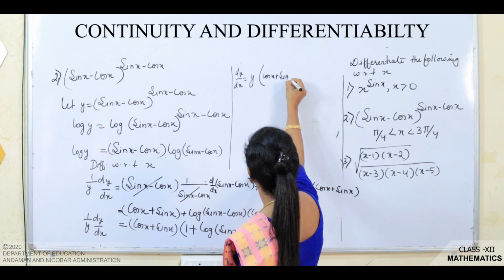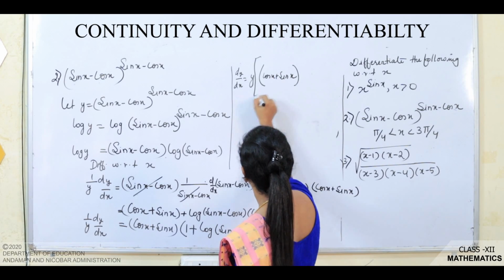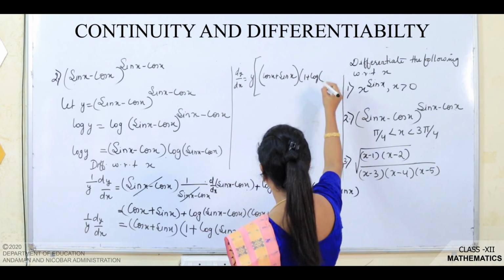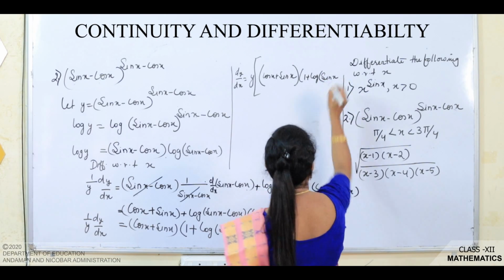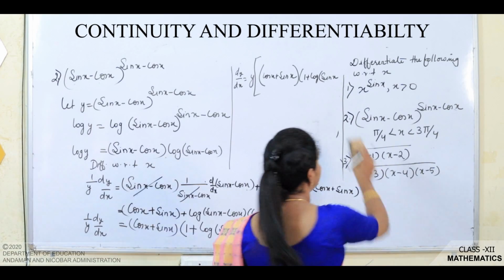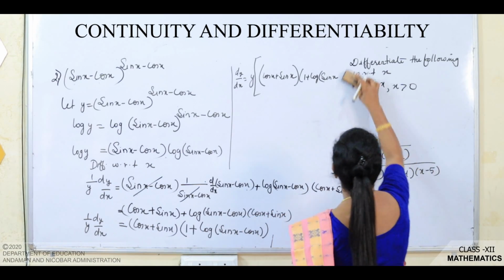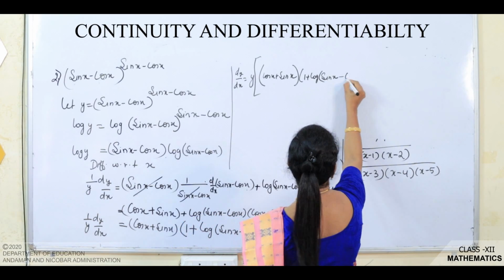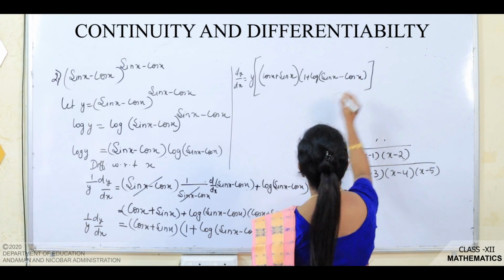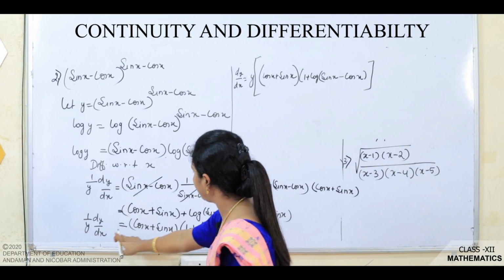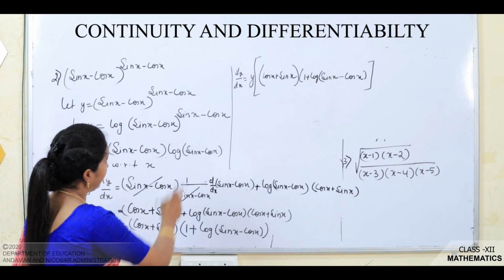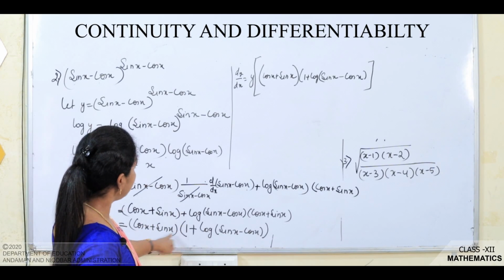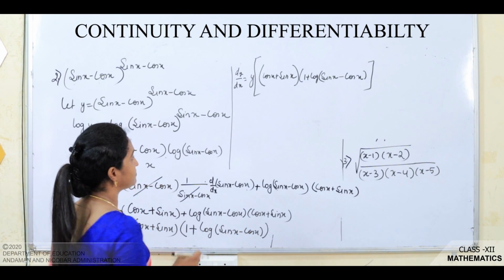plus sin x, which is common, we'll put a big bracket here and it is 1 plus log sin x minus cos x. What I have done, I have multiplied this y here and you got the final as y into cos x plus sin x, you take common, so 1 plus log sin x minus cos x.